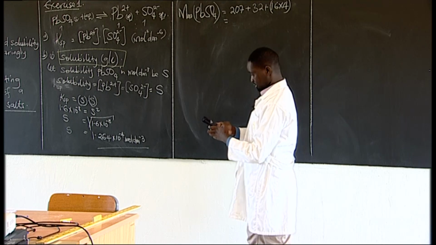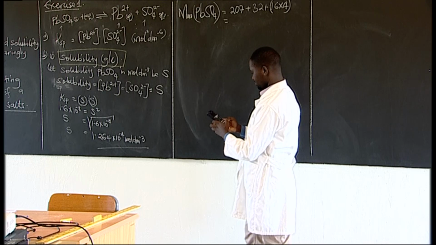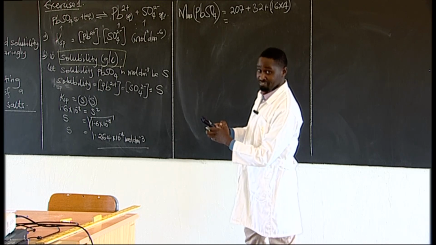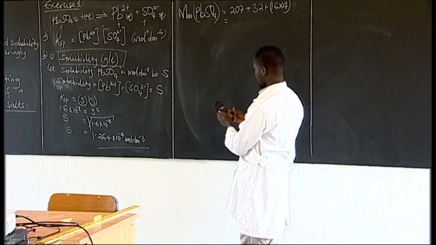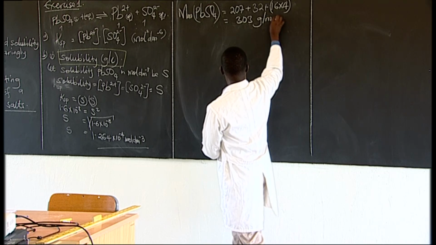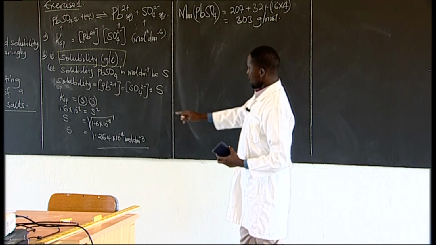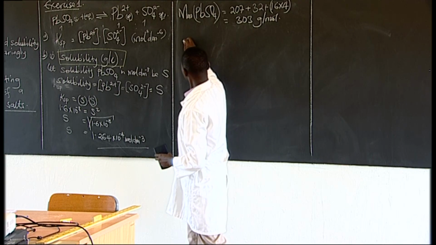What do we get? Using your calculator, go with me. Let me see who will get the answer first. This is 303 grams per mole. So, how do we get the solubility in grams per liter?